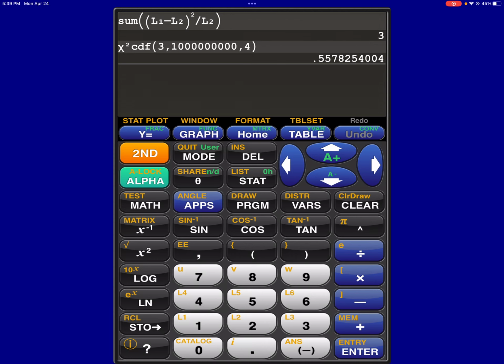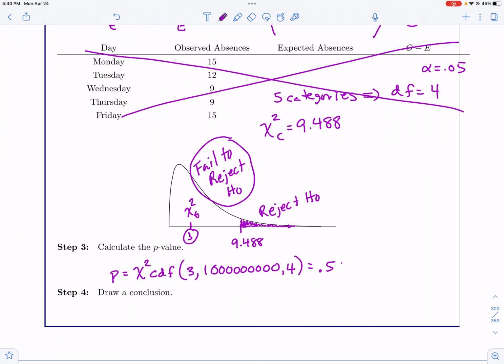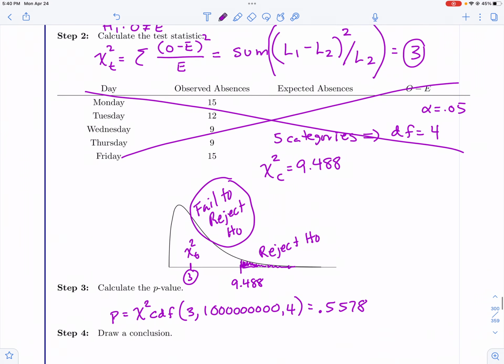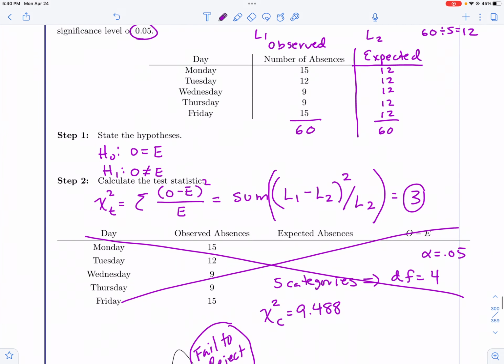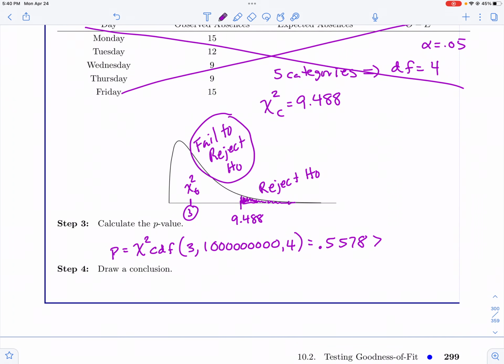0.5578. So what that's saying is that there's a 55.78% probability that that expected distribution could happen at random. So again, there's nothing out of the ordinary, nothing ridiculously unexpected about that expected column. That could happen most days. So it's definitely greater than our 0.05. So again, we're going to fail to reject H naught.